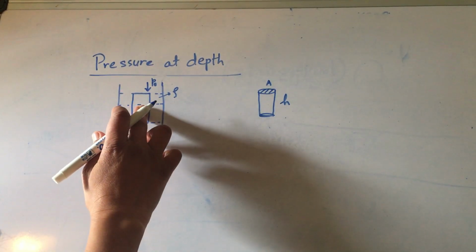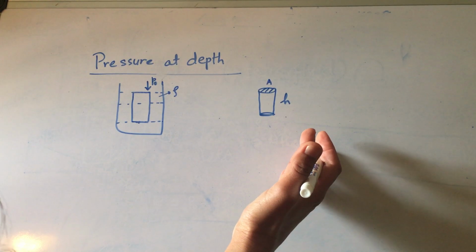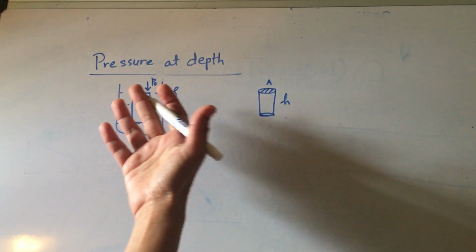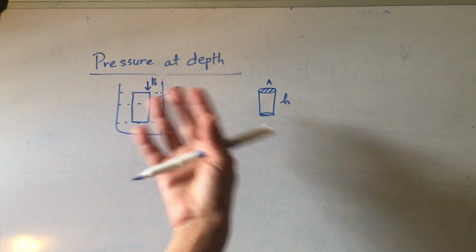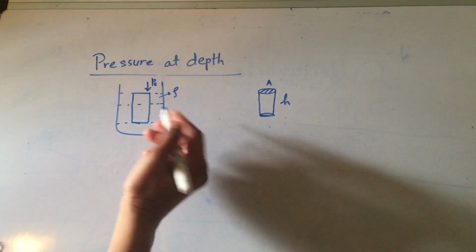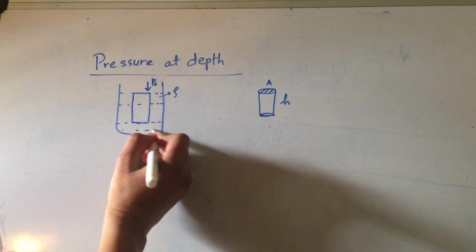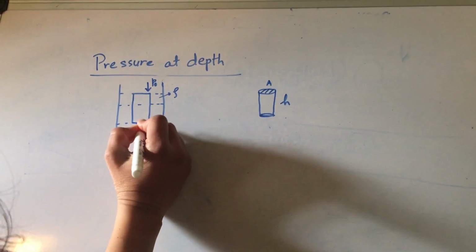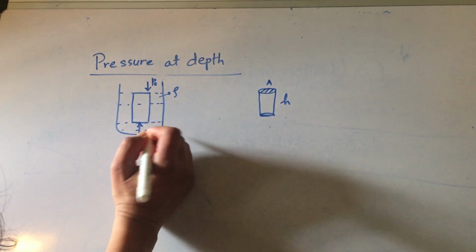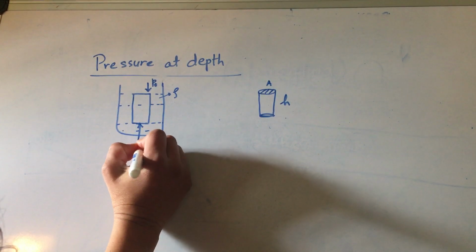Now this column of water also has mass, which means it must be affected by the gravitational force, so it must have some weight. But there is also fluid at the bottom, and that fluid must be pushing this column upward. Let's call that pressure P at the bottom.